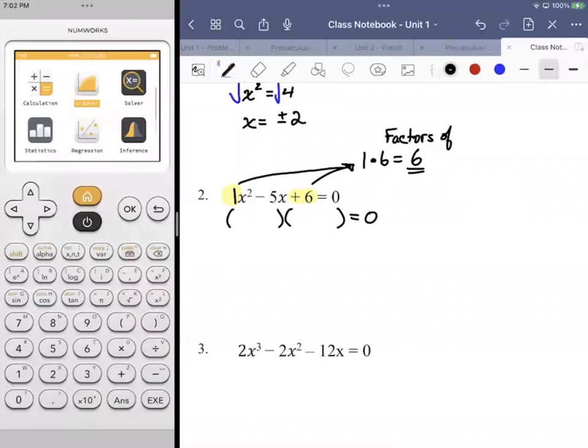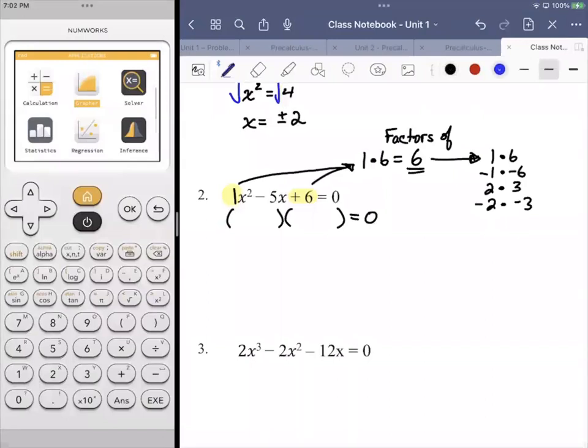But to get to a positive 6, I could be looking at 1 times 6, could also be -1 times -6, could be 2 times 3, could be -2 times -3. Once you settle on a pair that you like, then you plop them in there and go for it.